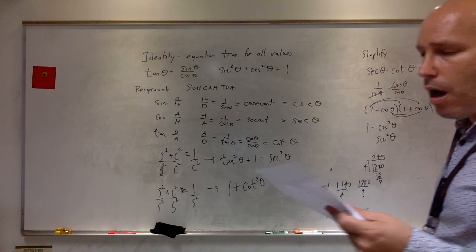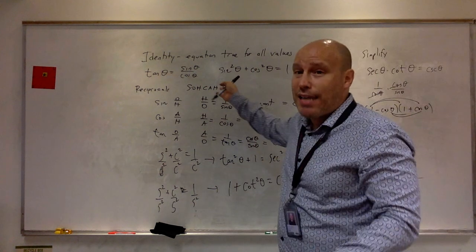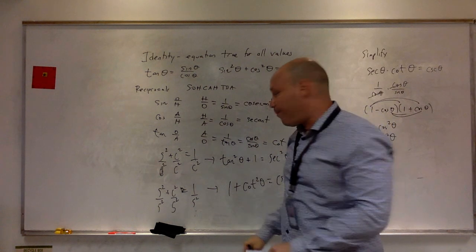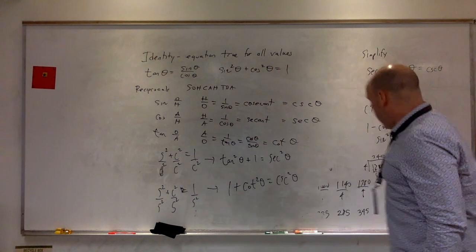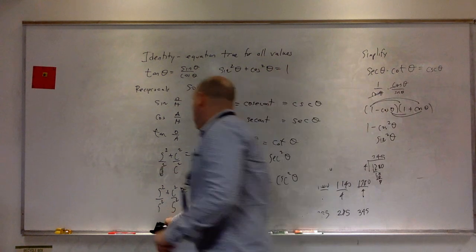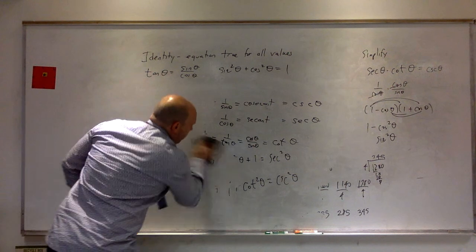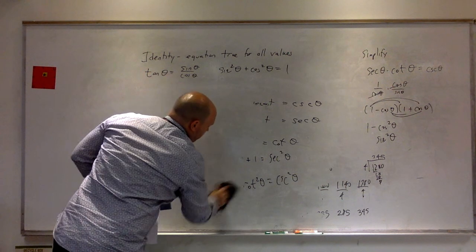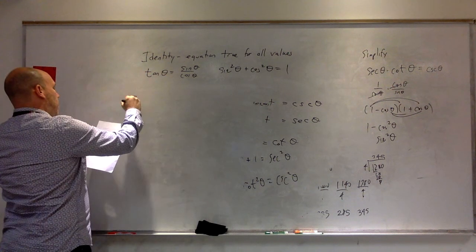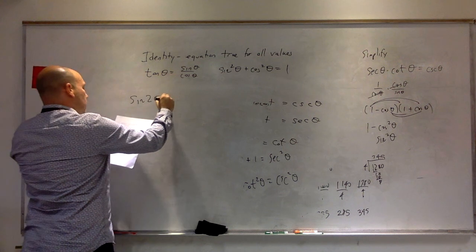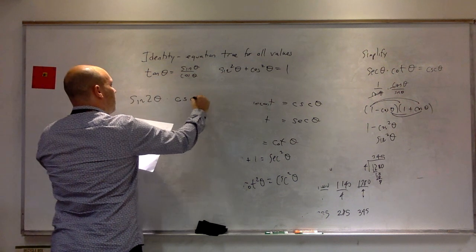One more. Another identity is your double angle formulas. Sine 2 theta times cosecant theta.